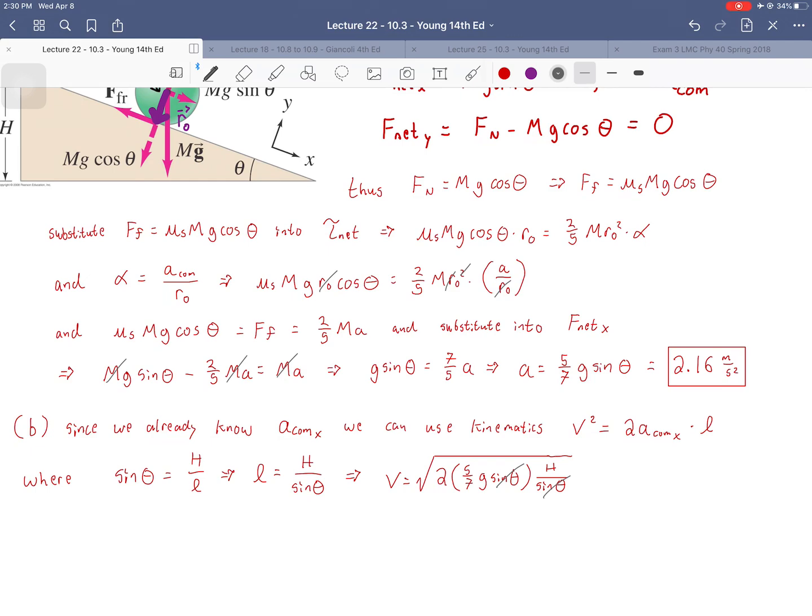And of course the sine thetas cancel out, which they should, because gravity is path independent and there's no friction doing work, that is, with pure rolling. There is friction, but it's not doing work. I know it's hard to wrap your head around. But then that result would simply give us the square root of 10/7 g h.